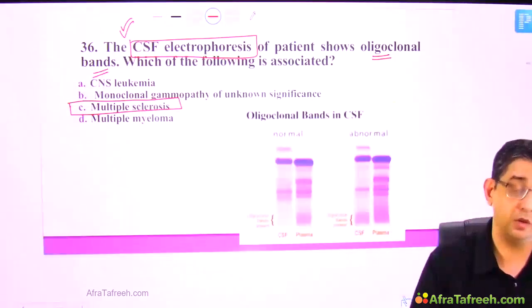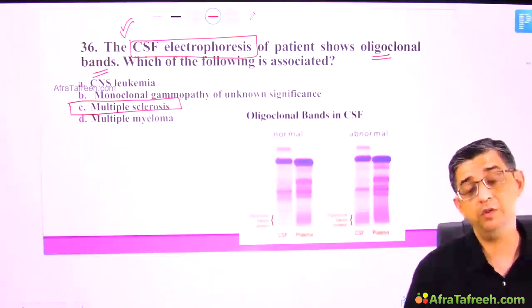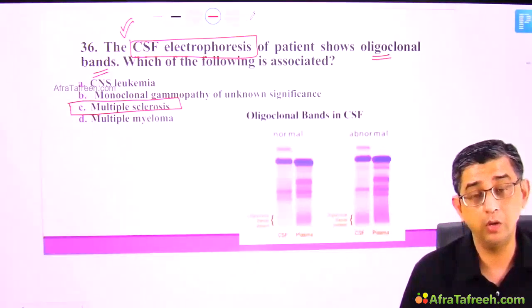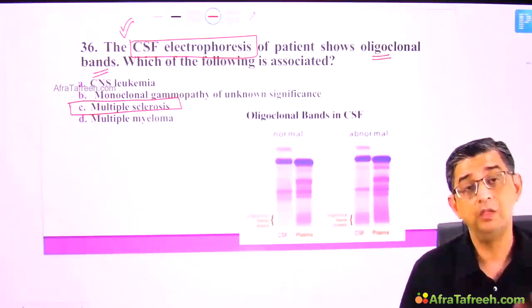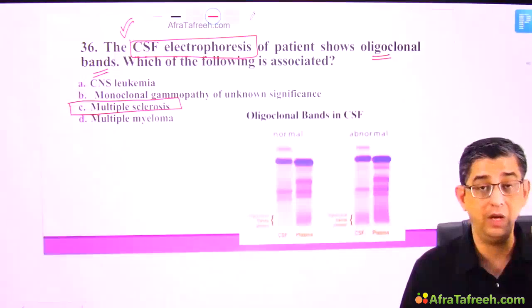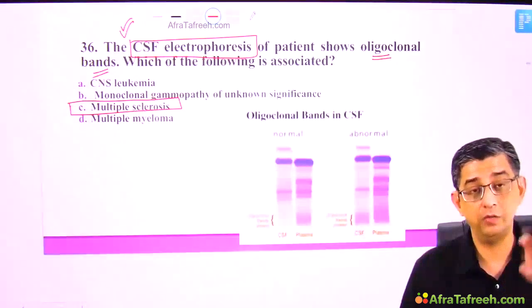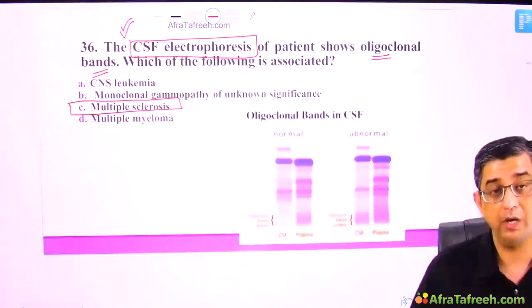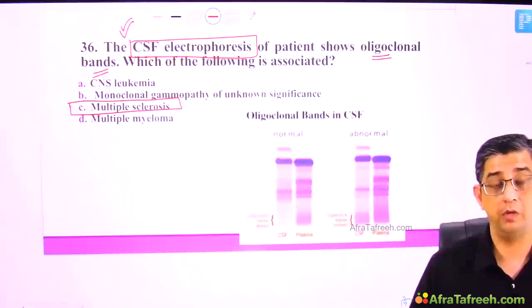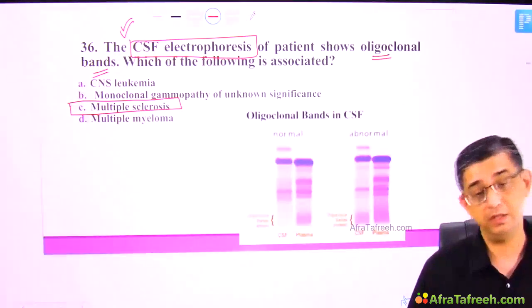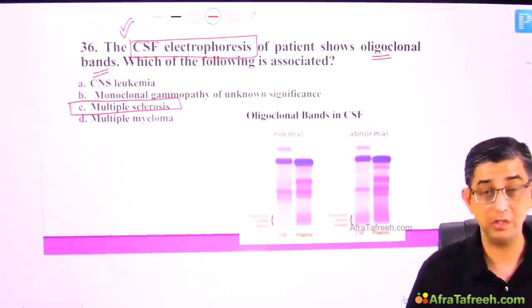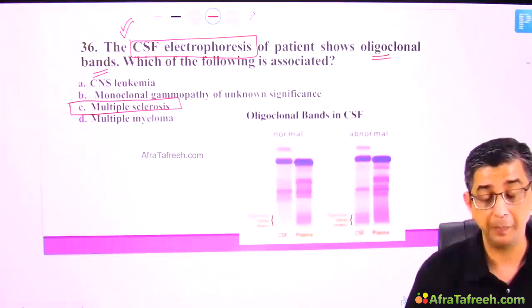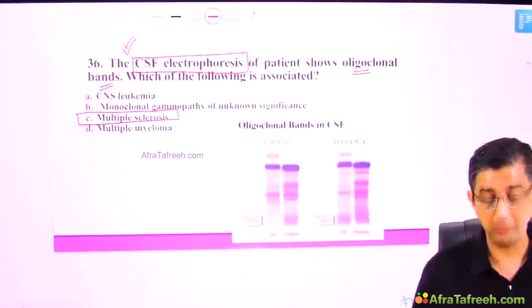You read about hemoglobin electrophoresis, no? CSF electrophoresis, because you can demonstrate oligoclonal antibodies against the myelin in the brain. It's antibodies against the myelin component of the neurons, and as a result you could be having optic neuritis, Uhthoff phenomenon, and multiple neurological white matter degeneration that can occur in a person with multiple sclerosis, which is best managed with beta interferon. The answer to this question is option C.